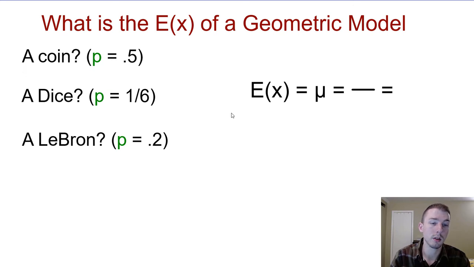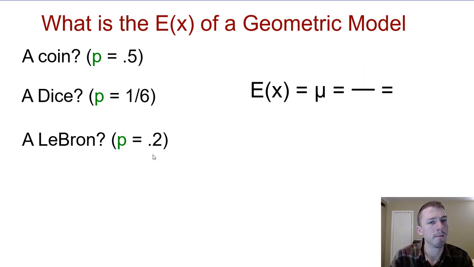What about a die? Let's say that we wanted to roll a 5. The probability of success would be 1/6 for whatever outcome we set it to be. So we would expect to roll a 5 how often? 1 out of every 6. So on average, every 6 rolls of the die would give us a 5, right? On average. What about LeBron? Well, that would be 0.2.